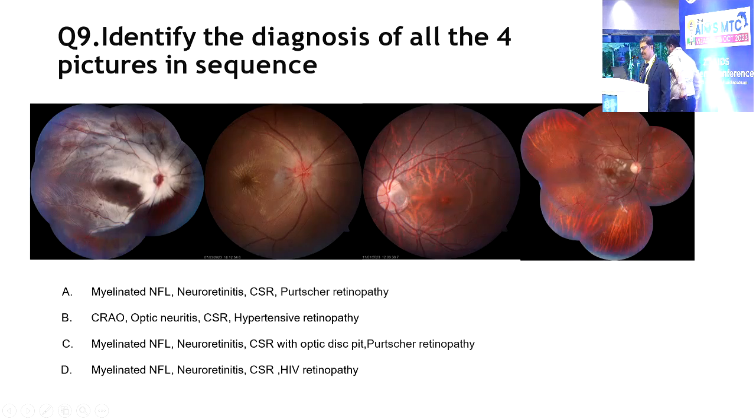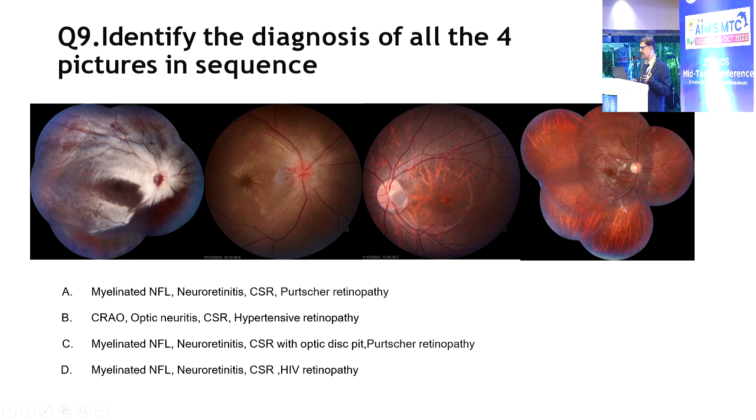The answer is option C. Myelinated nerve fiber layer, neuroretinitis, CSR with optic disc pit. Actually, it is not CSR with optic disc pit, it is retinoschisis.